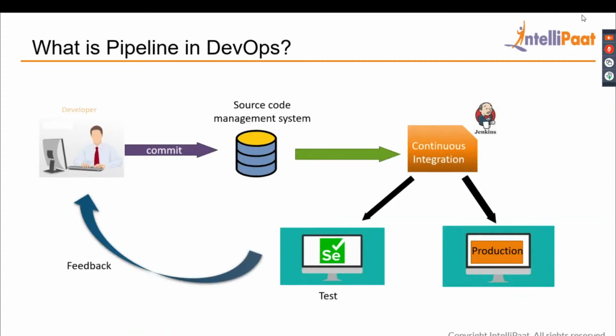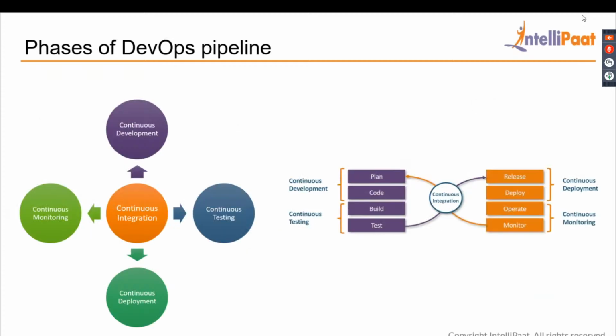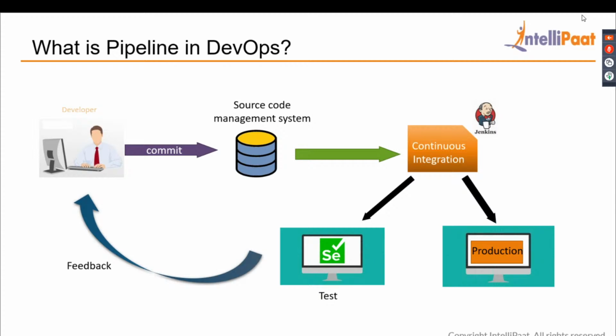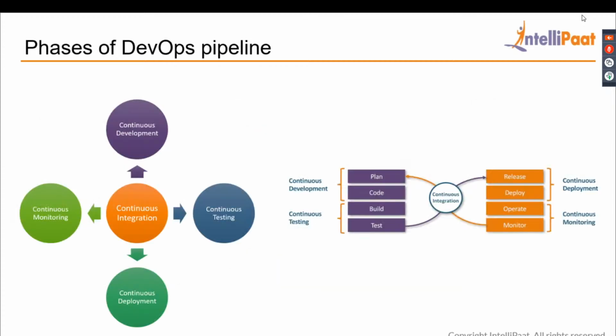In this case, the continuous integration tool is Jenkins, and the continuous development tool would be the version control tool, which is Git. The continuous testing tool here is Selenium.